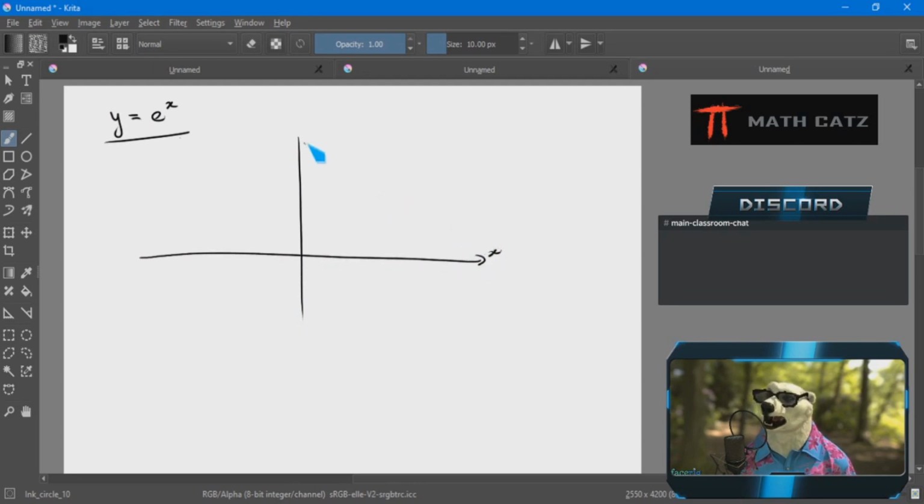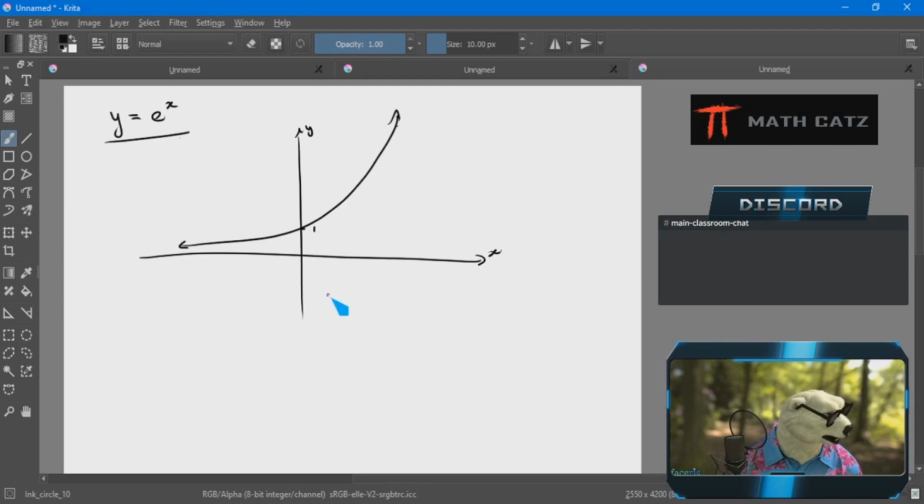The fact that I have base e doesn't change the basic shape of it, right? It could have been a 2 to the x. The basic shape is this. Now, this little guy is going to come up over and over and over for the rest of the semester. It's arguably the most important function for early calculus.